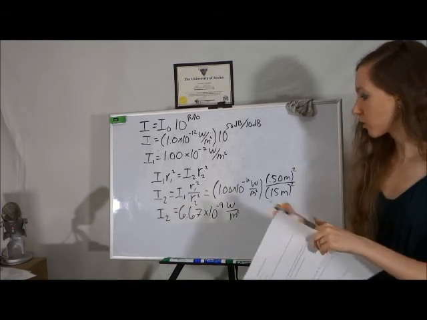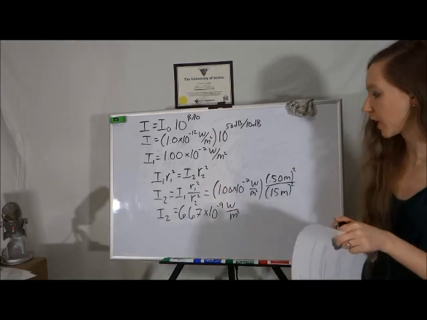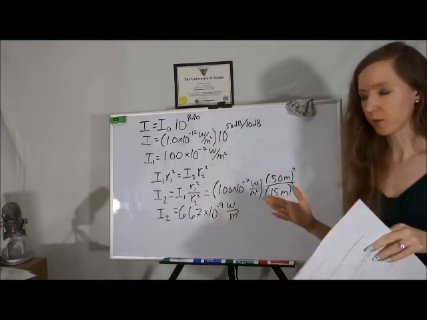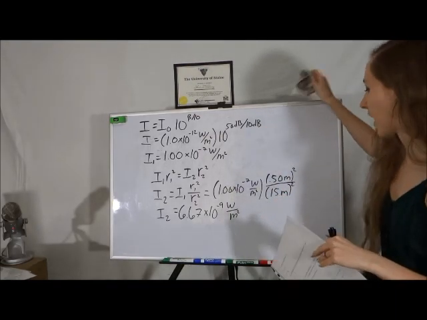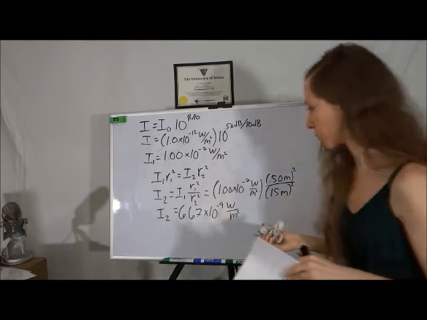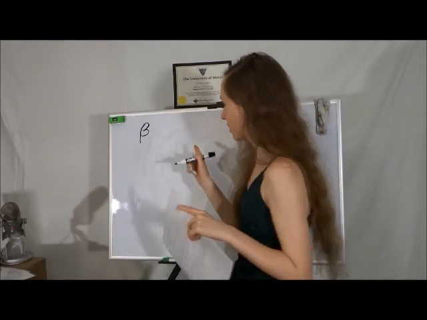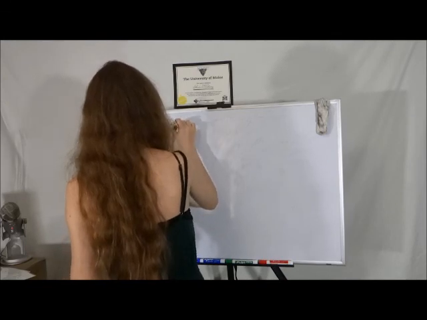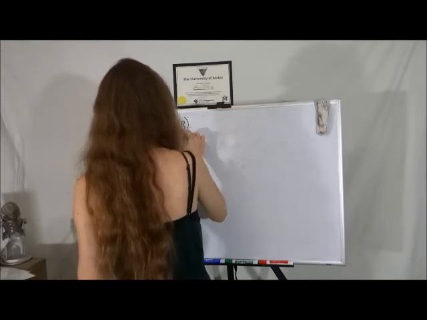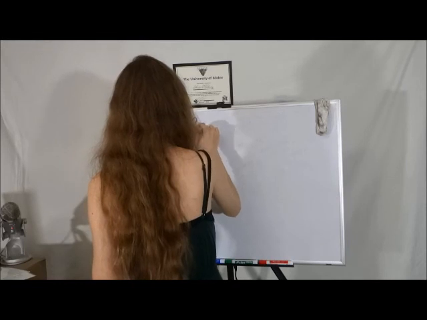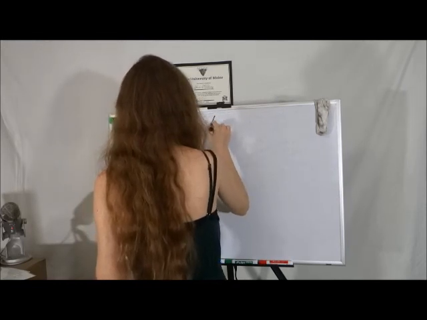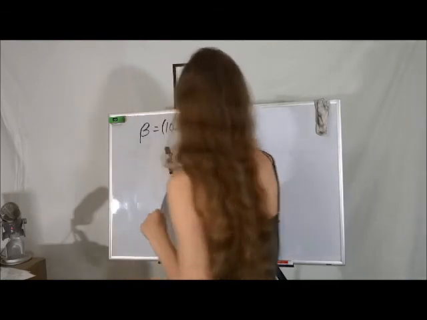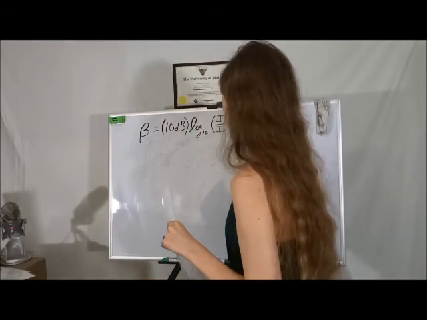All right, so the last thing we have to do is take this intensity we just found and plug it back into our loudness equation, and then we'll know how loud her bark is at 15 meters away. So our loudness equation is beta is equal to 10 decibels times log base 10 of I over I naught. So we just have to plug in our value for I and I naught.